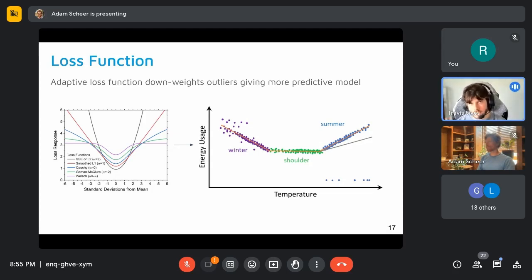The argument against this is what Adam has already addressed. Are we introducing bias? One, we're not really introducing bias, which he's already shown. Two, we have to understand the purpose of these models. It is not for us to be able to put a temperature in and get the best result from our baseline year.